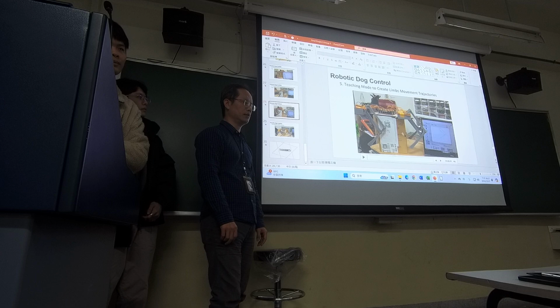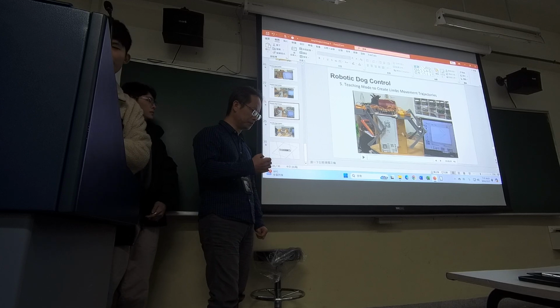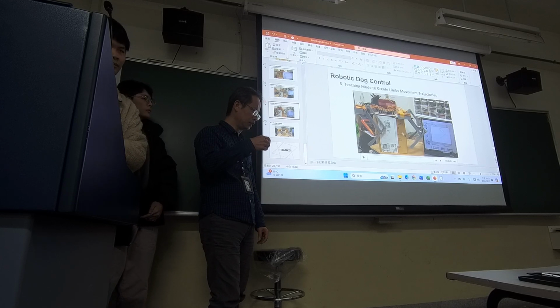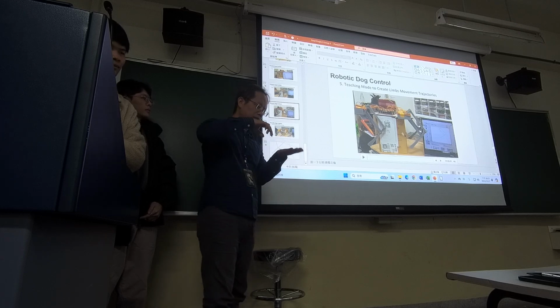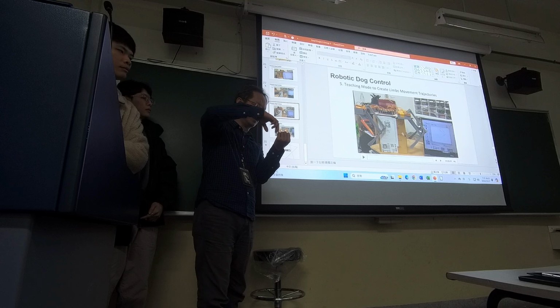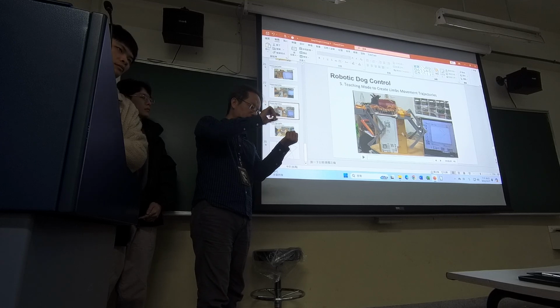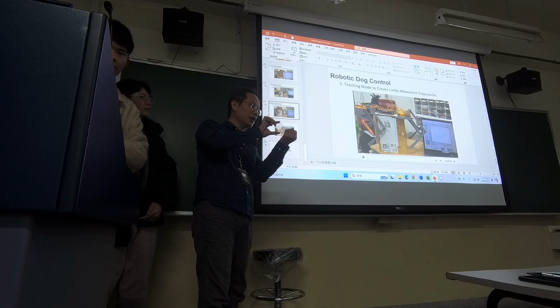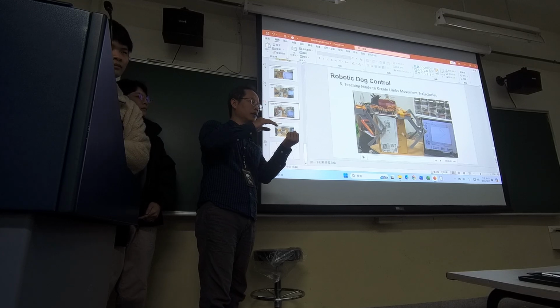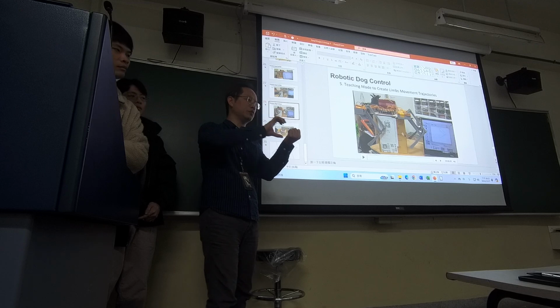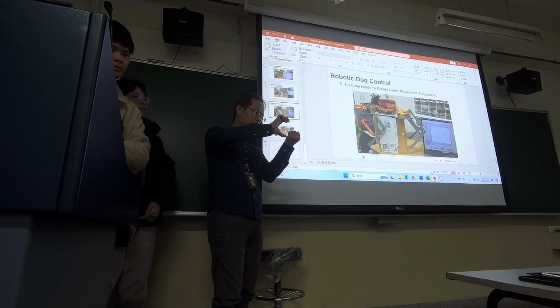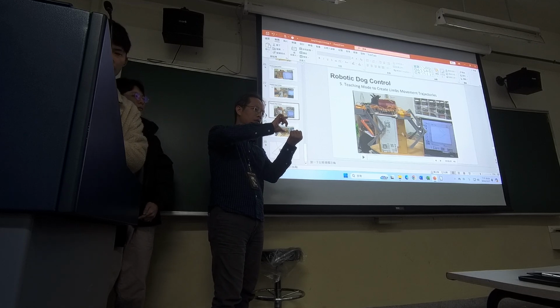Yes, in test mode. But in our initial idea, we must clear the barrier, the obstacle. If the leg is too short, then as you can see in simulation, we have no space.